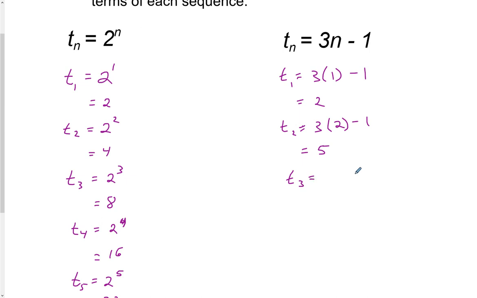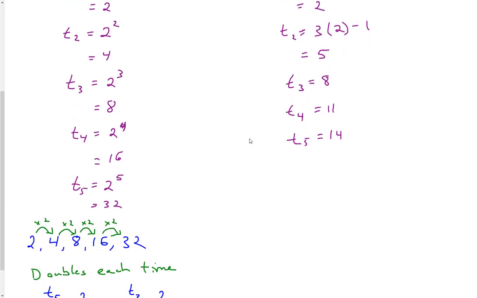Same sort of thing for my third term: 3 times 3 minus 1, so that would be 9 minus 1 is 8. For my fourth term, it's going to be 11. And for my fifth term, it's going to be 14. Okay? So I did that just by subbing in where the n was.